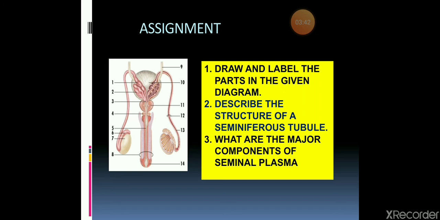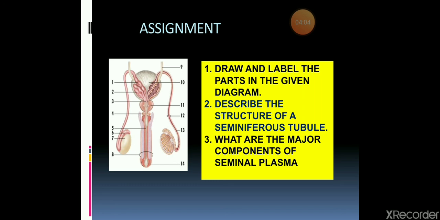That interstitial space will consist of nerve fibers, blood capillaries, and also the Leydig cells, which will be in charge of secreting androgens, the hormones like testosterone. So that detailed structure you can again refer to the diagram given there to draw and describe the structure of the seminiferous tubule.